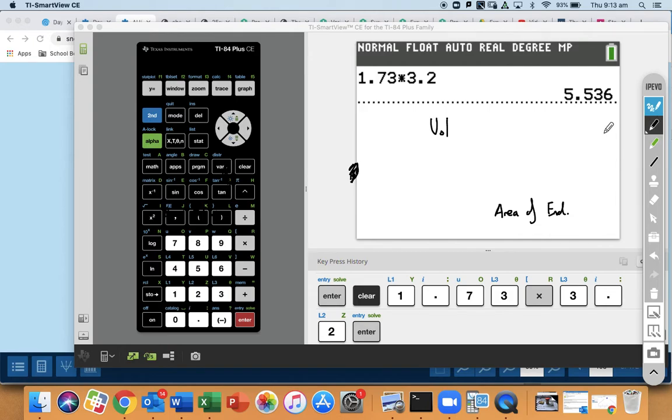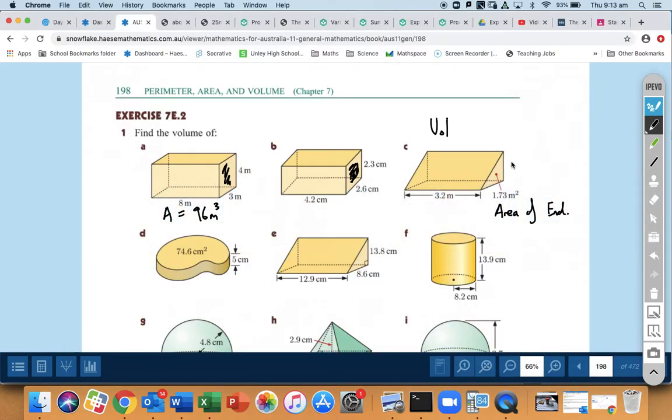I might just check the question. At 5.536, so the volume is 5.5 meters cubed. What you want to be on the lookout, of course, is does the question say how many decimal places if you get decimals, right?